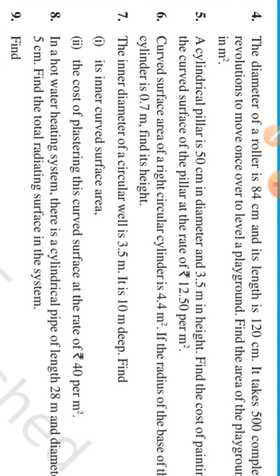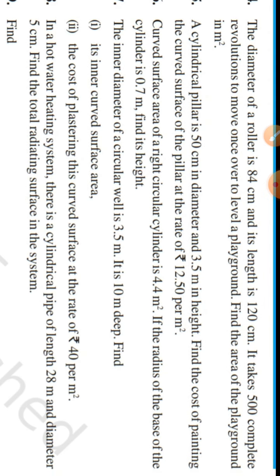A cylindrical pillar is 50 centimeter in diameter and 3.5 meter in height. Find the cost of painting the curved surface area of the pillar at the rate of rupees 12.50 per meter square. Again you notice one thing, the diameter is given in centimeter and height is given in meter. So we have to convert first of all centimeter into meter.